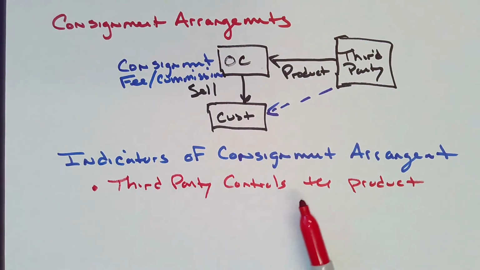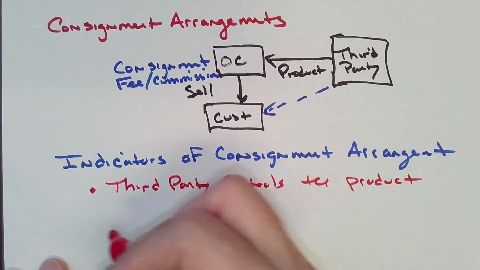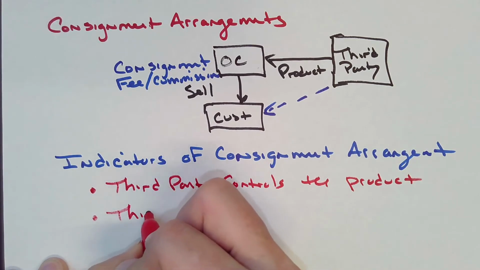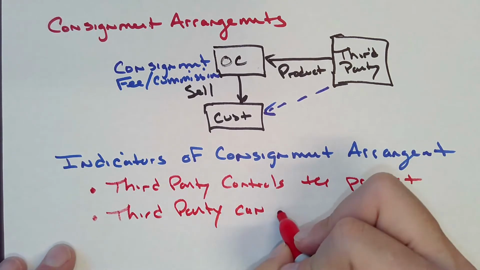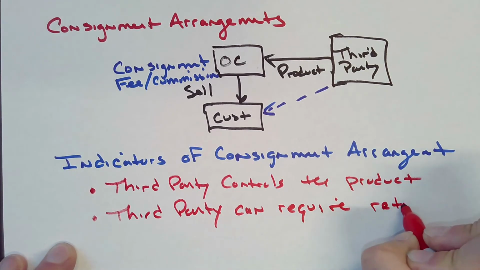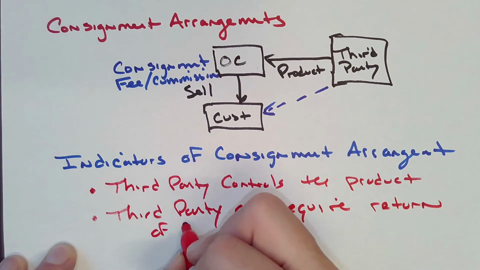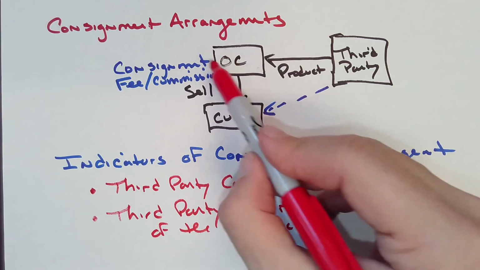So the third party controls the product. The third party is able to require the return of the product or transfer the product to another party, such as another dealer. So this third party can require return of the product. Again, we have no say.